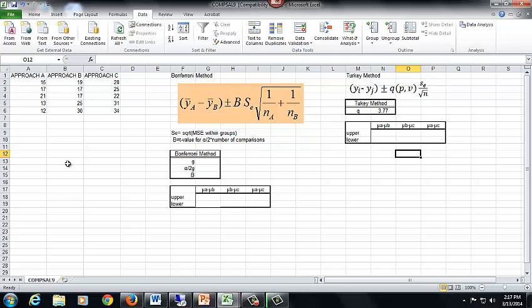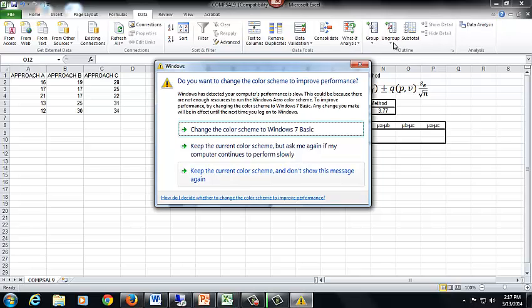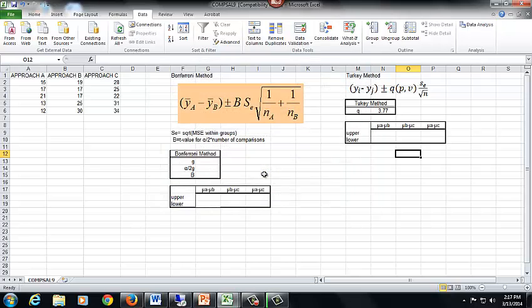What we're doing is comparing the sales figures, the dollar amount of sales, based on 3 different sales approaches, A, B, and C. We have 15 different salespeople, and 5 of them were assigned to each sales approach, and then we looked at their dollar amount of sales, and these dollar amounts are in thousands.